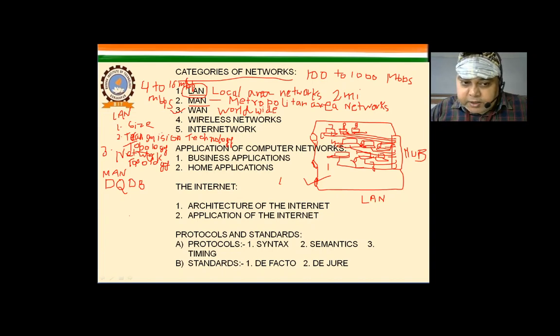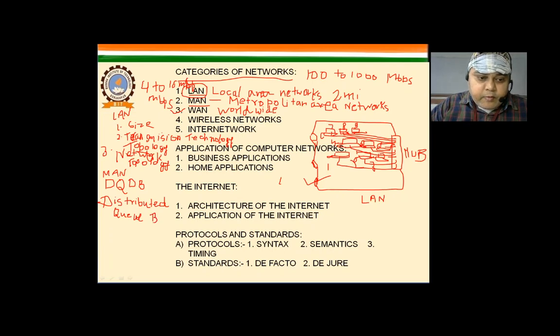Distributed queue dual bus. D stands for distributed, queue, and D for dual, bus.